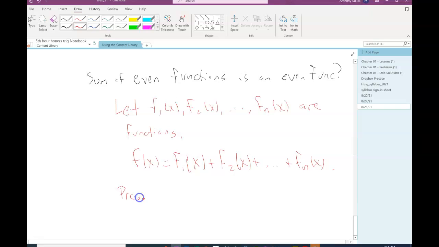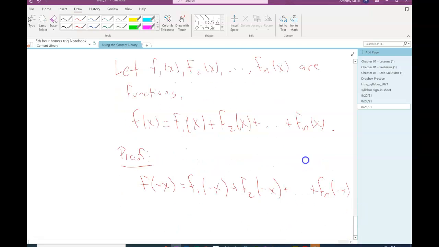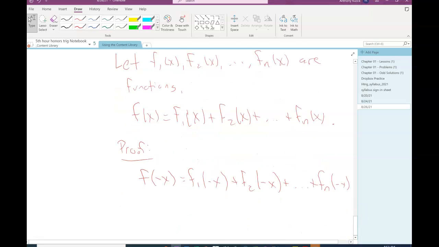So our proof then is we want to look at f of negative x. Well, composition tells me that I'll just replace my x's with negative x's in my function. Everybody good there?